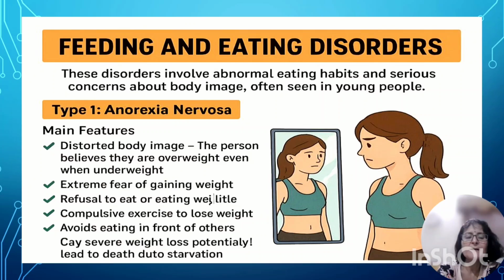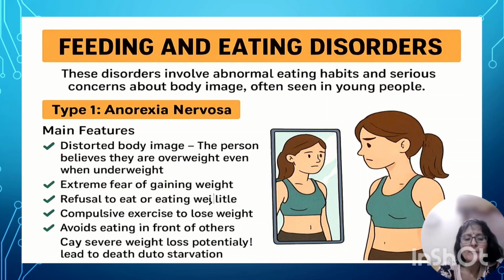The person believes that they are overweight even when they are underweight, and that is why they have that beauty perception in their mind that they should be thin, skinny. And they have extreme fear of gaining weight, so they will not eat, and they will exercise so that they lose weight.